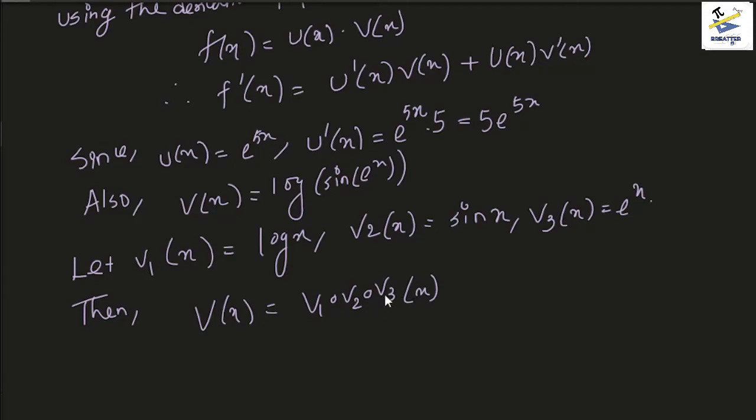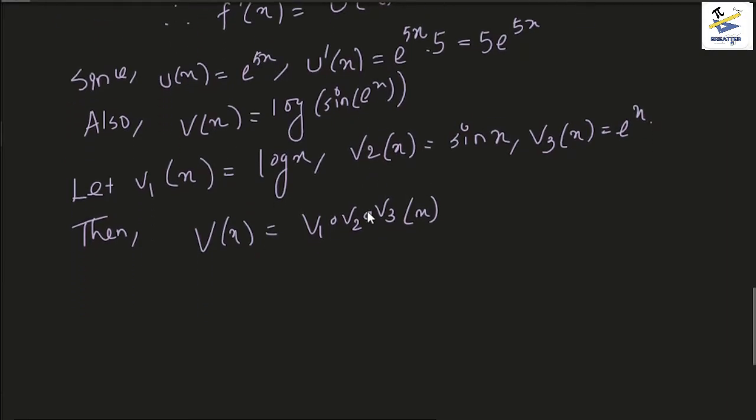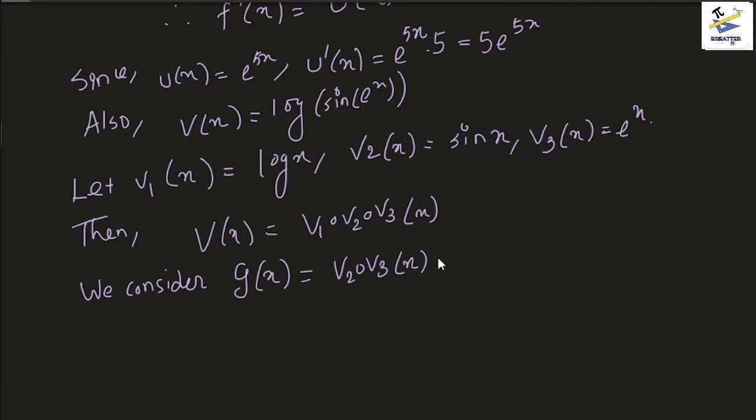So to do something like that, what we do is we consider g of x equals v2 and v3 of x, which simply is sine of e to the power x.